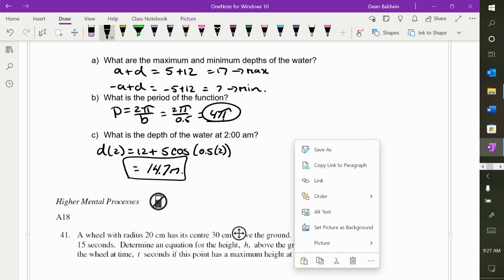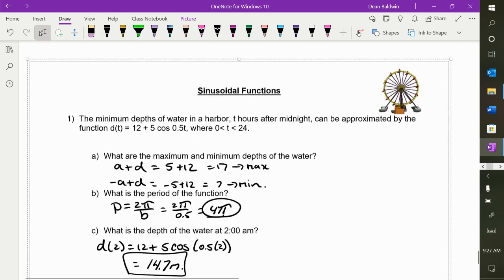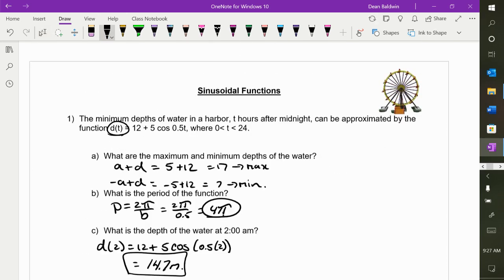If you converted that to degrees, you could put that in your calculator and you'd get the same answer. Would you not divide this by 2? No, that's D of 2, like a function, right? Time is 2. The depth of the water at 2 a.m. is blah.